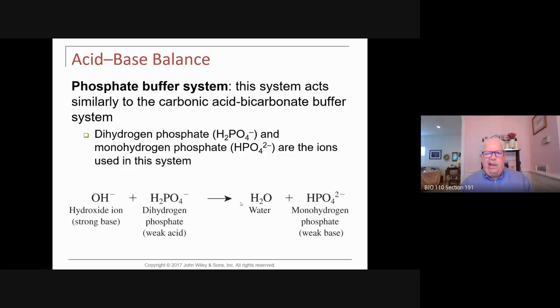It's just trying to get rid of a strong base. And a hydroxide is a strong base. This is a minor system, and I'm not going to ask you any questions on a minor system. The two most important buffer systems in your body are the protein buffer system and the carbonic acid bicarbonate buffer system.